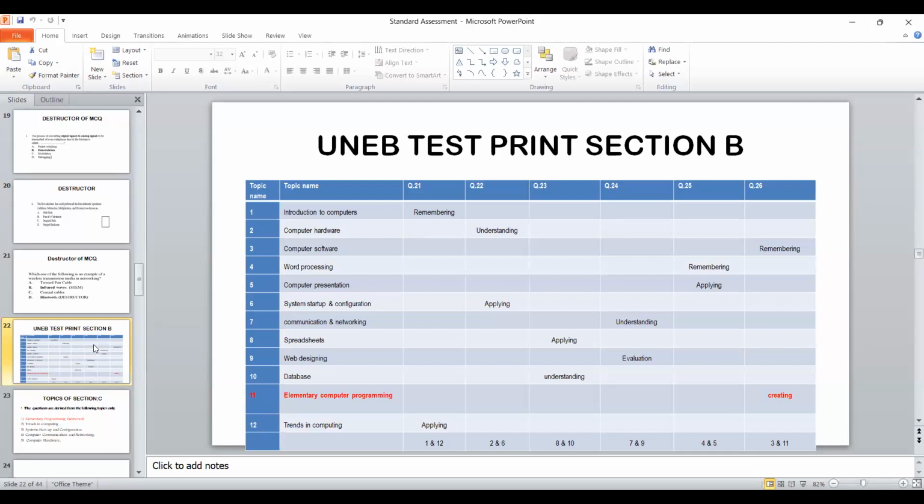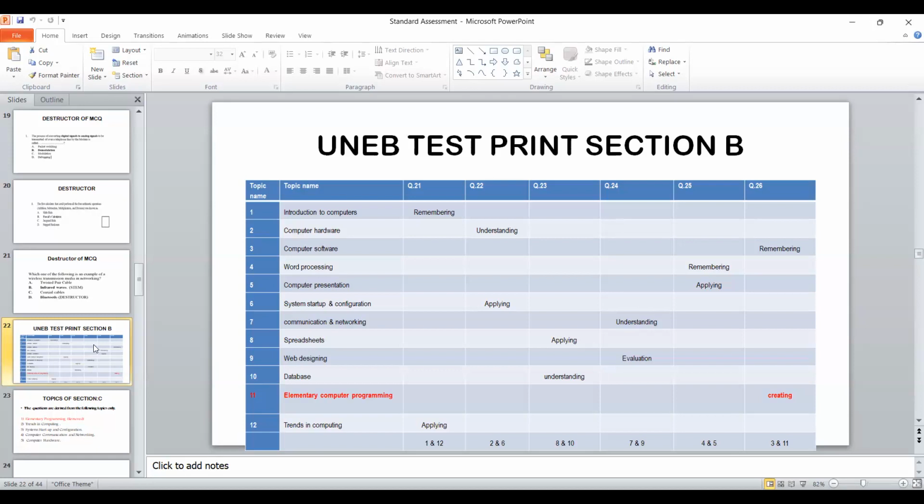So after setting question 22, remember, you can say question 22 is out of 5, part A, then part B or part C. You break them. Then 23 is about databases and spreadsheets.